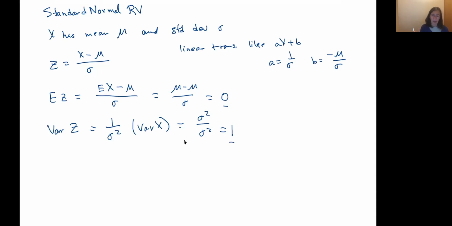Sometimes you do this outside of the normal distribution. For example, when I have a class where I've got a bunch of TAs and there's concerns that maybe they're not grading things the same way, if you standardize all their grade distributions, so subtract off the mean grade for each TA and then divide the difference by that TA's standard deviation, everybody's distribution will now have a mean grade of 0 and a standard deviation of 1. And if you want to retransform that to something else, you can, or you can just work with the standardized values.